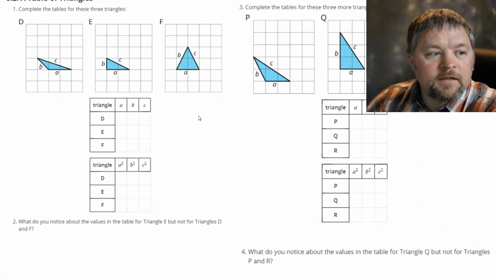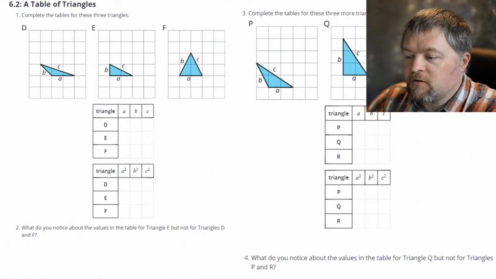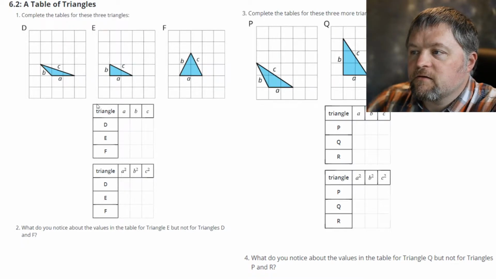Okay, this says to complete the table for these 3 triangles.